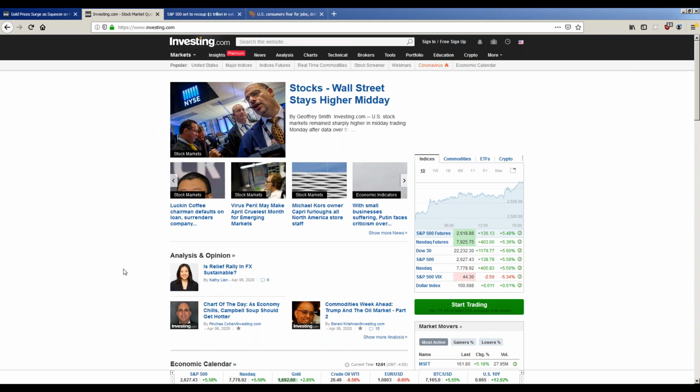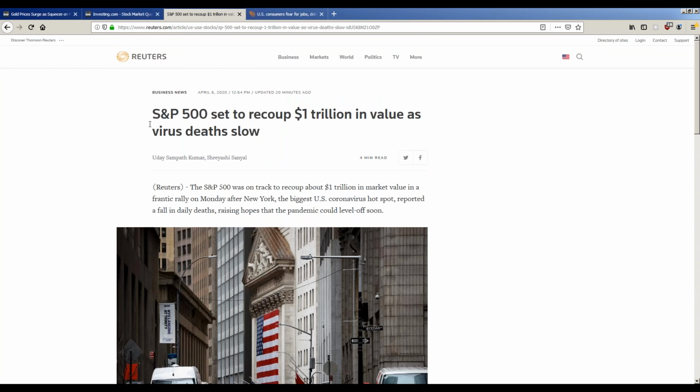So, a quick look at the headlines. Wall Street stays higher. This morning it was talking about the futures being in the green, and it was obvious what was happening through the day. S&P 500 set to recoup $1 trillion in value as virus deaths slow. They're predicting this, it's what they think.